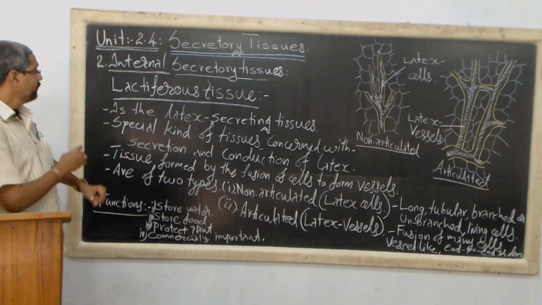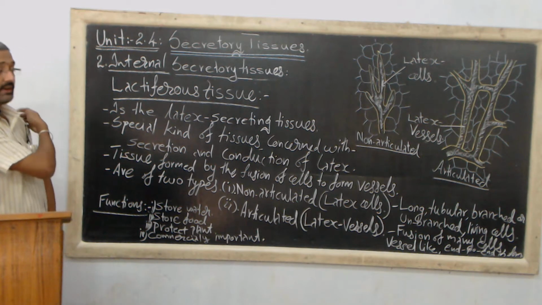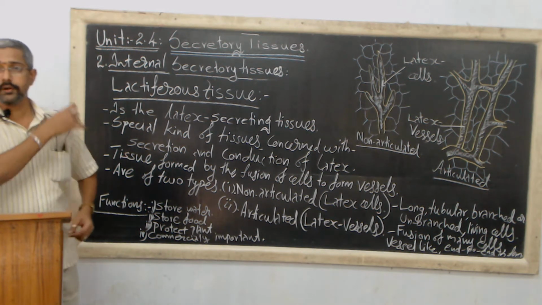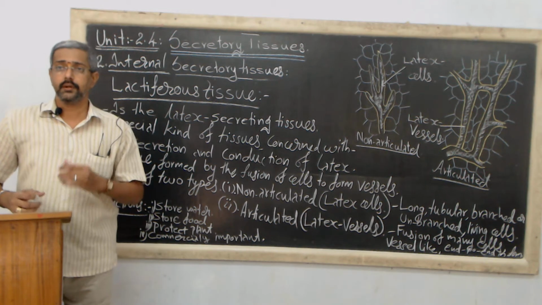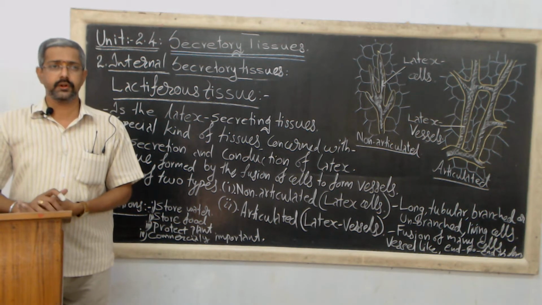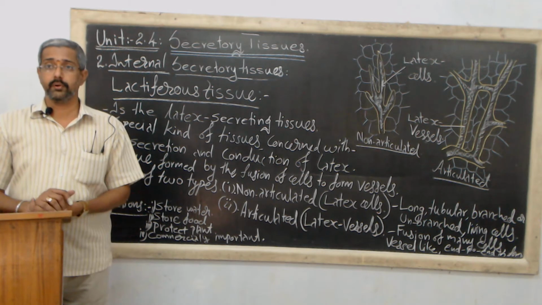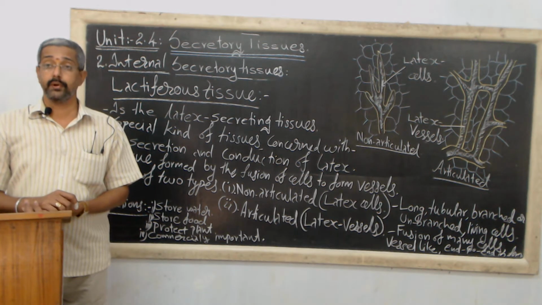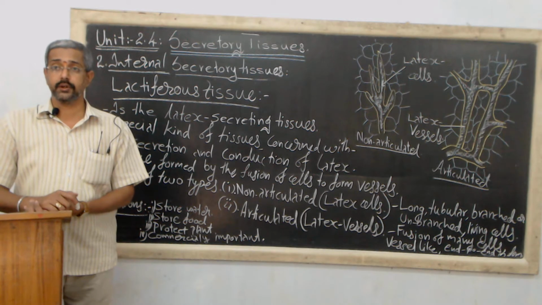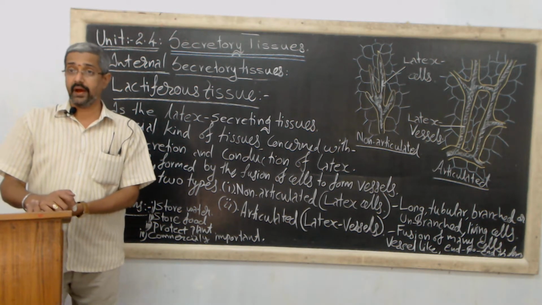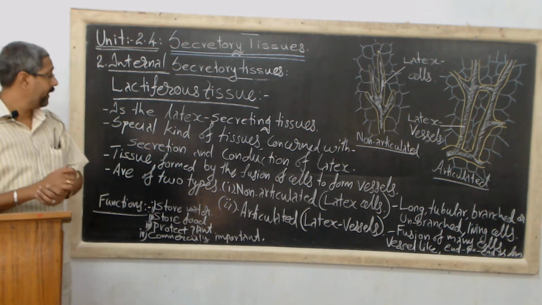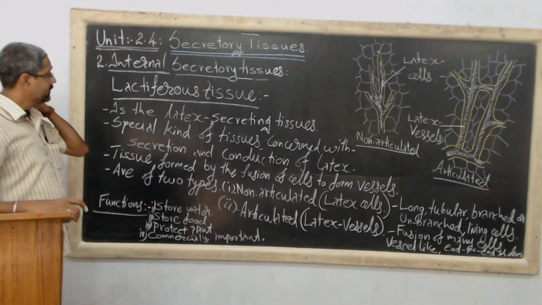Of course, here the laticiferous tissue is differentiated into laticifer members. One of the commercially important rubber-producing or latex-producing plants is Hevea brasiliensis, the para rubber. And here we can see the laticiferous tissue.